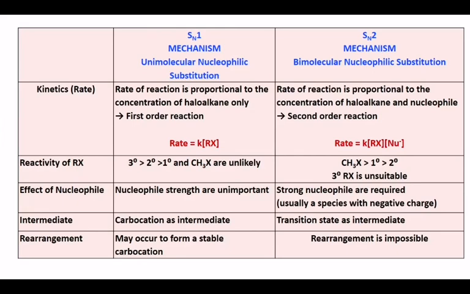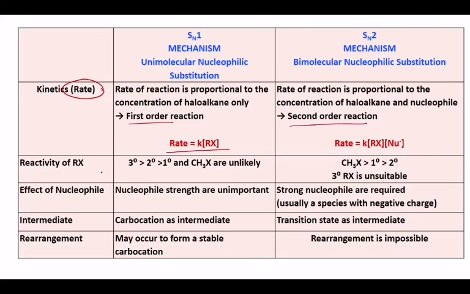Alright class, this is the comparison between SN1 and SN2. You can see that first we can differentiate these two mechanisms by rate. SN1 has rate equal to k[RX] as it is a first order reaction, while SN2 has rate equal to k[RX]^1 times [nucleophile]^1, and the overall order is second order.